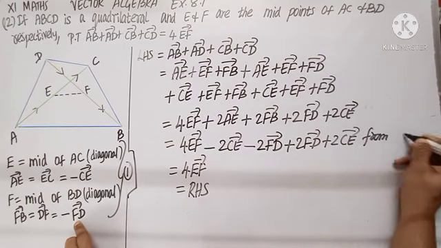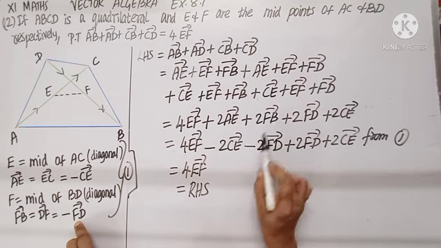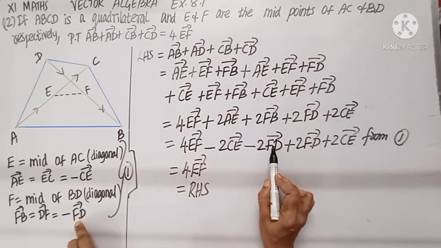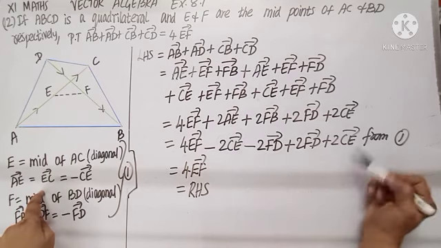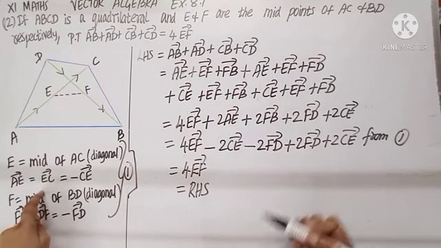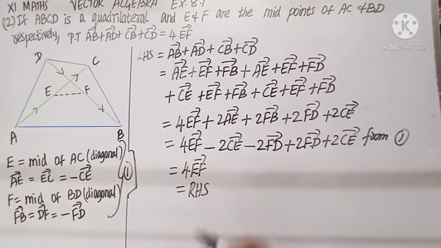So from result number 1, I can say FB is minus FD and AE is minus CE, and just by cancelling plus and minus terms, we are able to arrive at the RHS, that is 4 into EF.